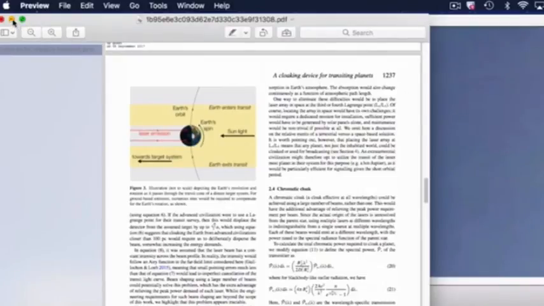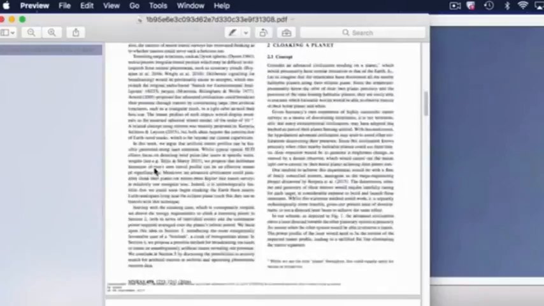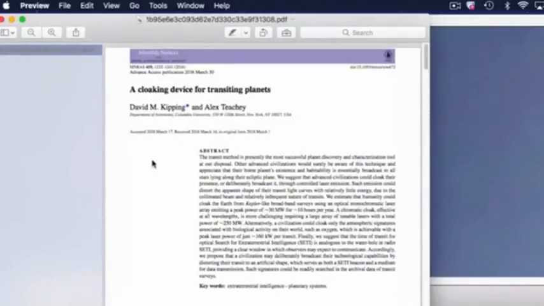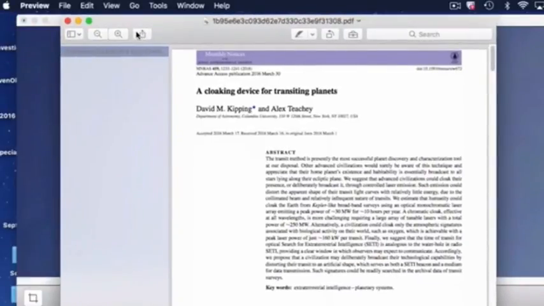You with me? White paper, Columbia University, not bullshit. Absolutely a cloaking device for transiting planets. Kipling, the guy that designs the Kipling telescope, all that. Those guys. Go read this, okay?